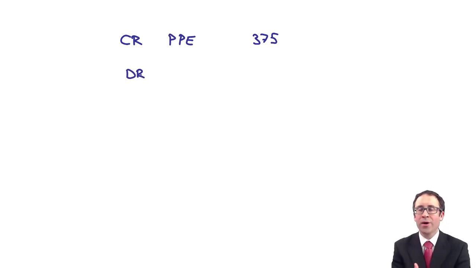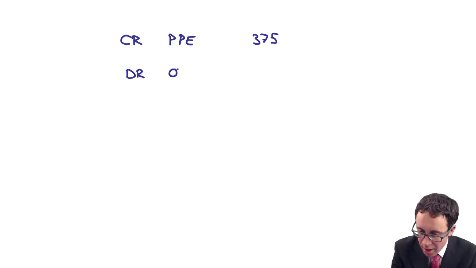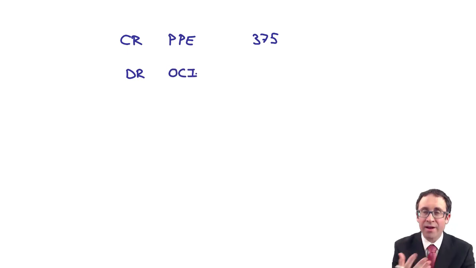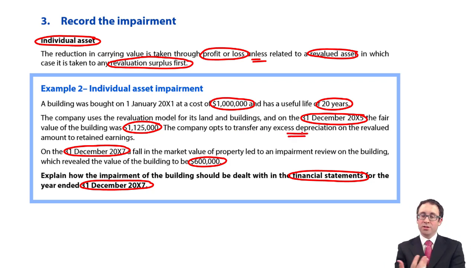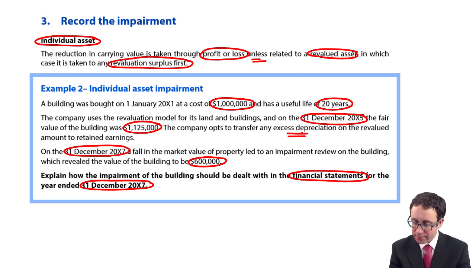What do I debit? Well, this asset has been previously revalued, so any revaluation goes to the revaluation surplus first through other comprehensive income. Now, what we've got to be careful of here is that we are told within the question that we opt to transfer any excess depreciation to retained earnings.